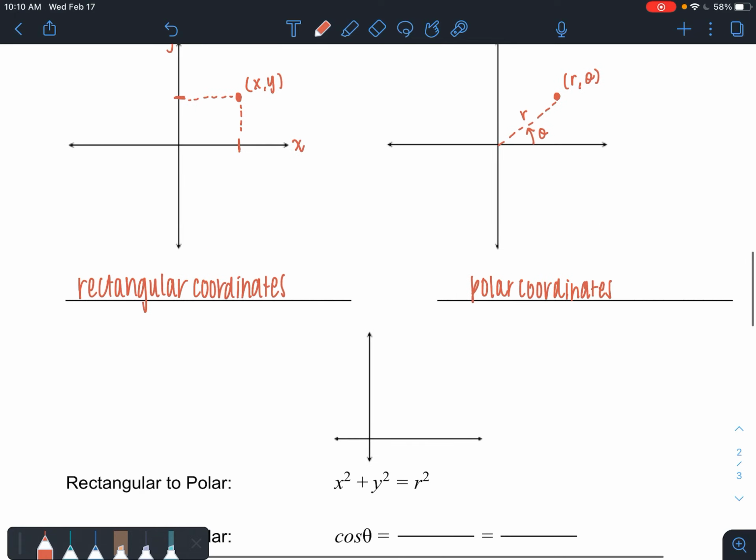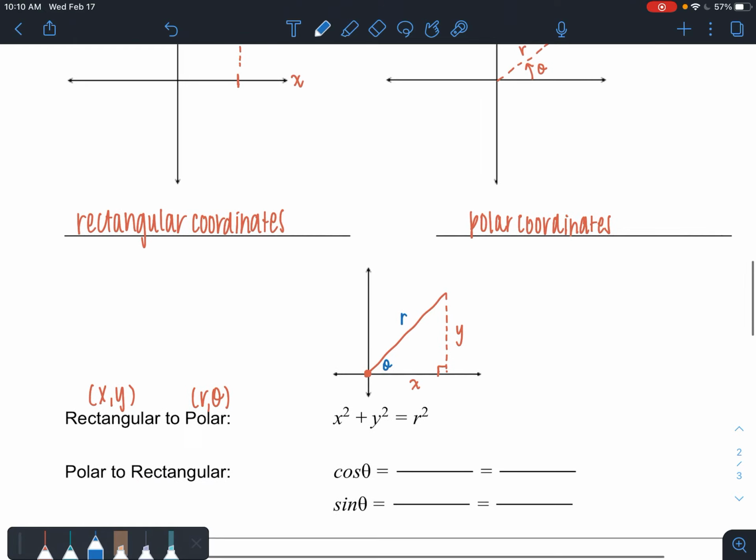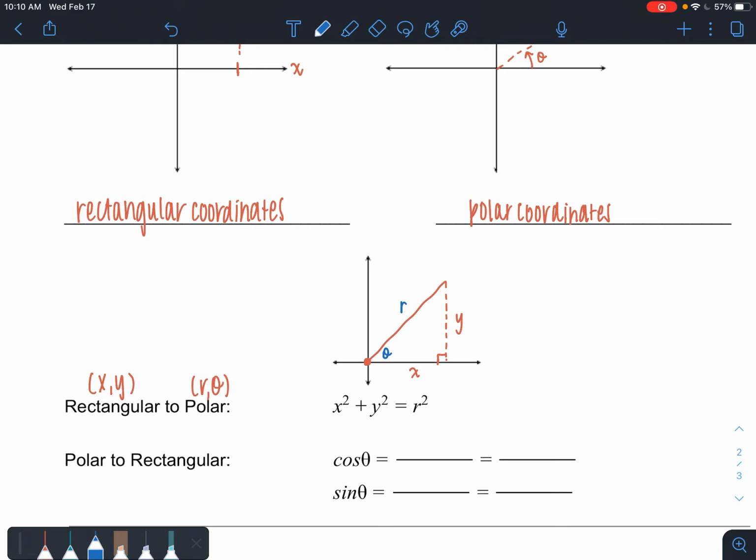We're going to go between rectangular and polar. Rectangular is x, y, and polar is our r theta. In order to do that, I'm going to draw a triangle. This is my x and this is my y on my triangle, and then this is my r and this is my theta. To find r, I'm going to take x squared plus y squared. This is just the Pythagorean theorem.